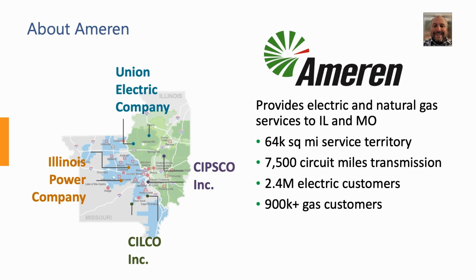We also do generation in Missouri, but I am focused on electric transmission in my role. The other services have their own GIS people, some of whom are in the room.